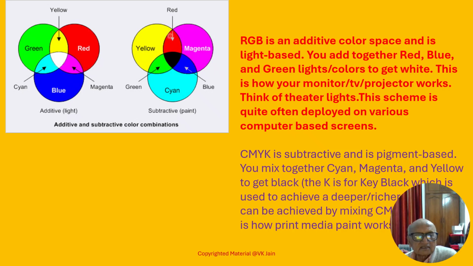And the sum total here is CMYK: C for cyan, M for magenta, Y for yellow, and K for black. So this is known as the CMYK system. The CMYK system is subtractive and is pigment based.